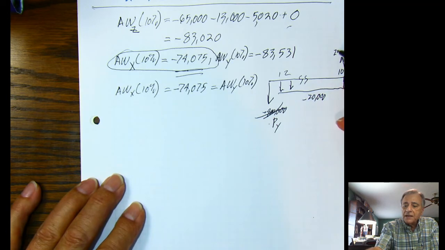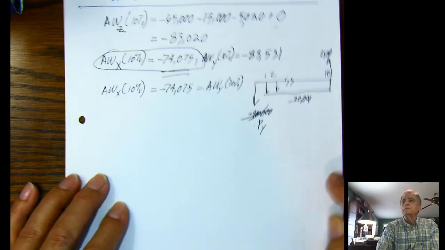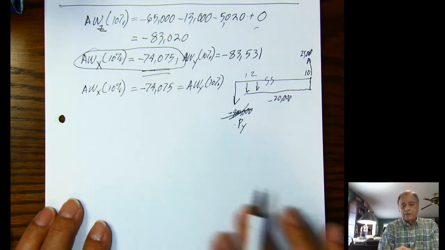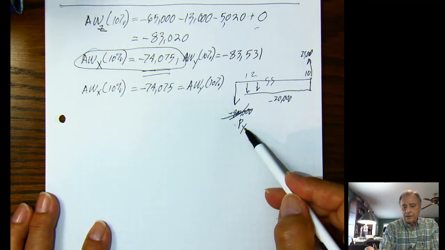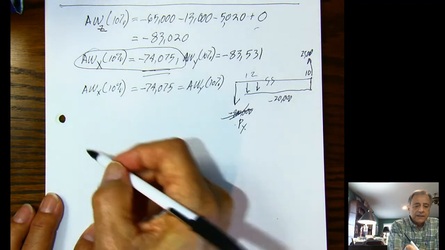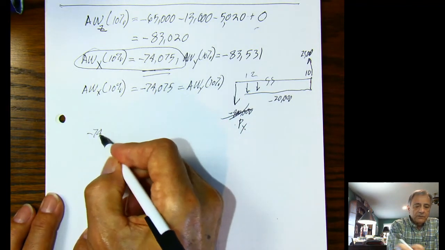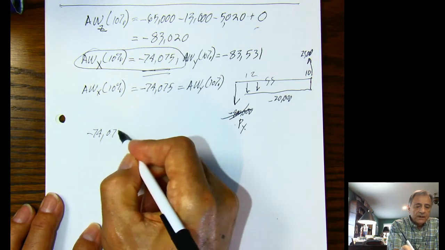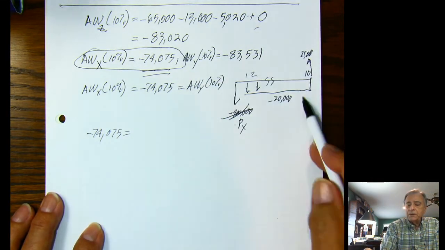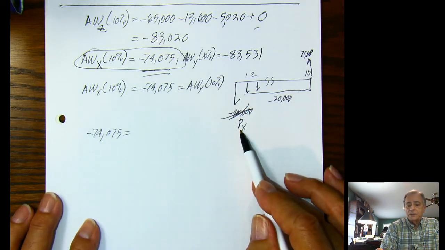So that was the cash flow for Y. And so this is an unknown now. And so we'll write the equation again, minus 74,075 equals the annual equivalent of this, and then solve that equation for Y.